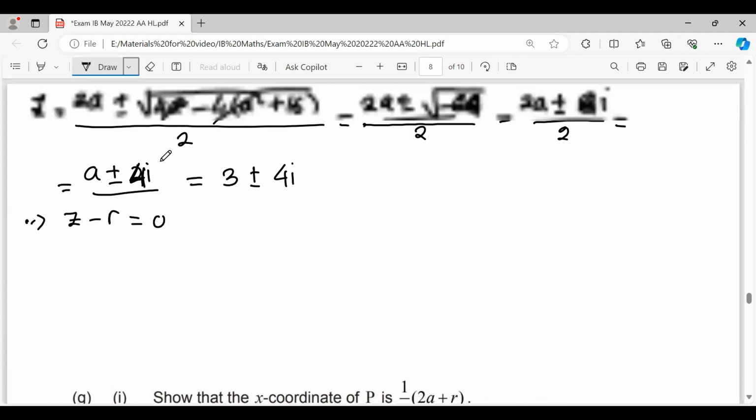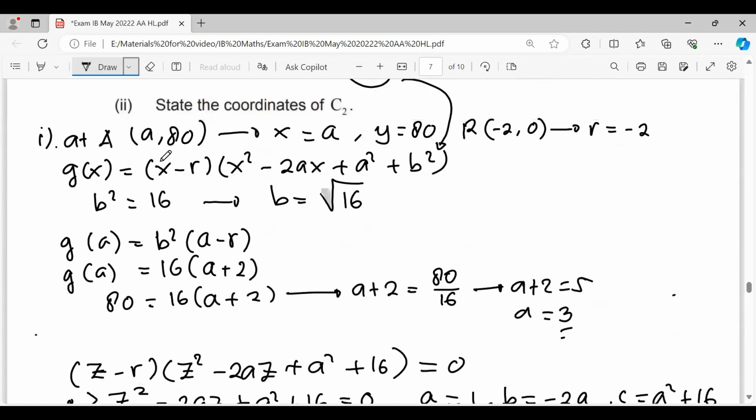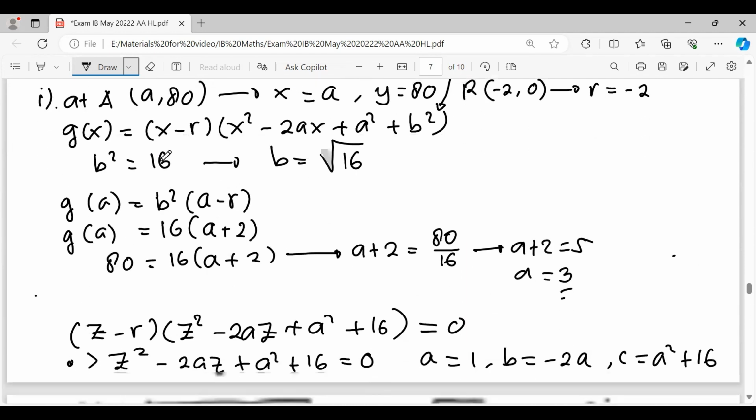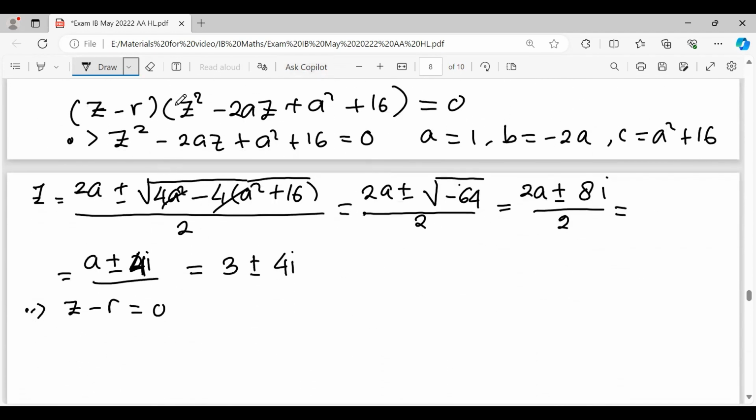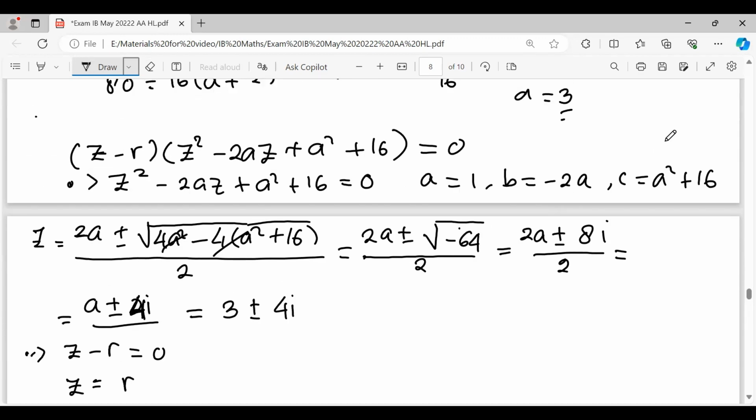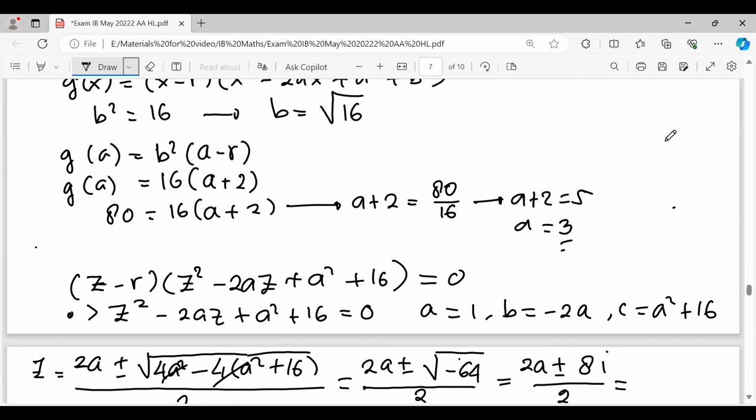So there are two possibilities from this. z minus r equals 0, so it means z equals r. r is how much? r equals minus 2.